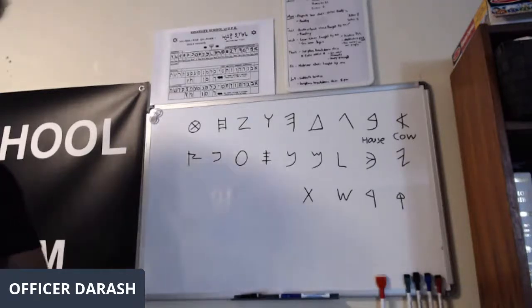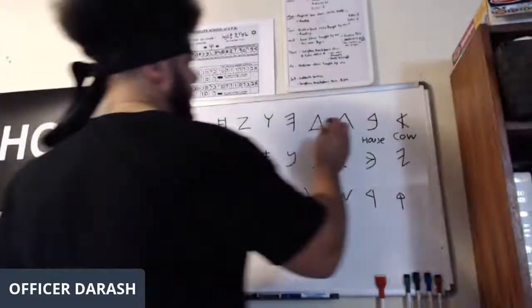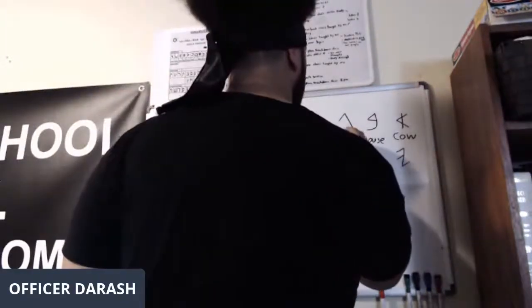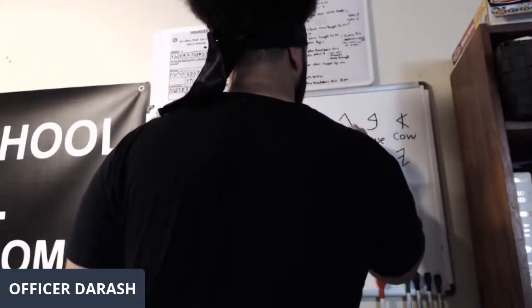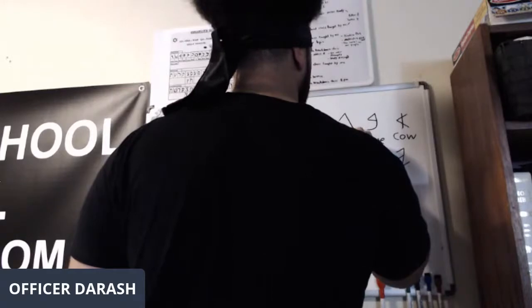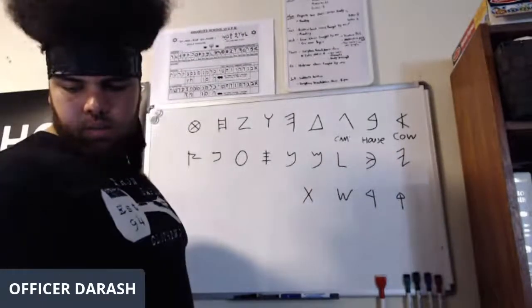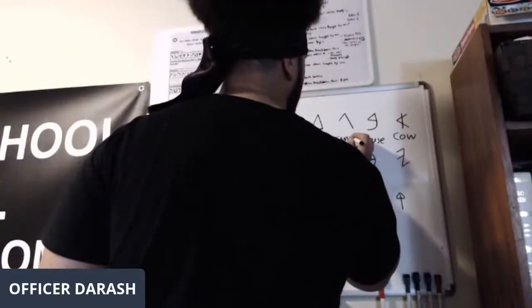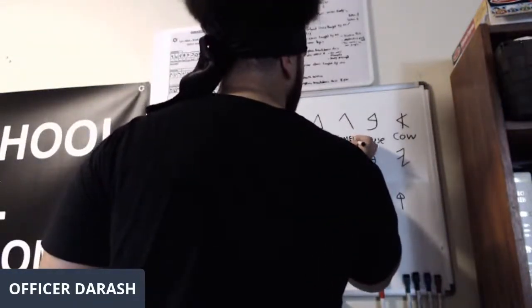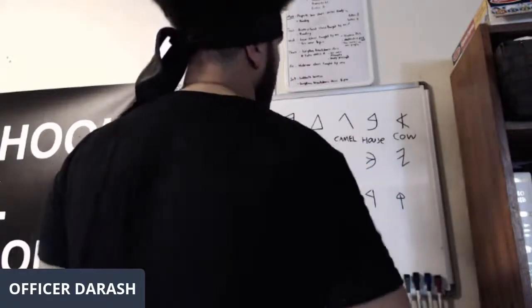All right. Next, the ga is a camel. Ga is camel. Let me spell camel.